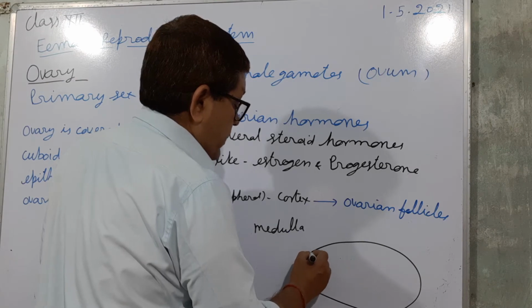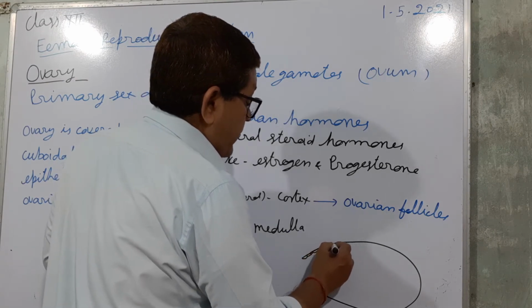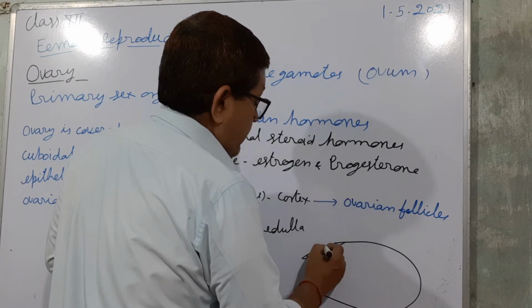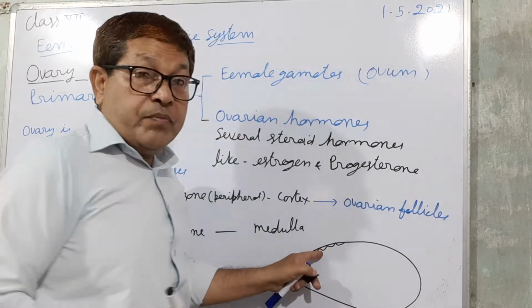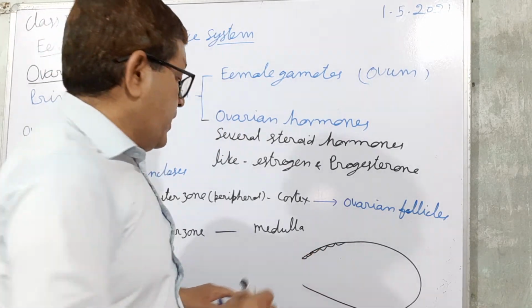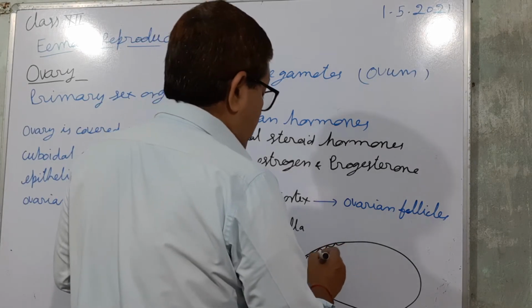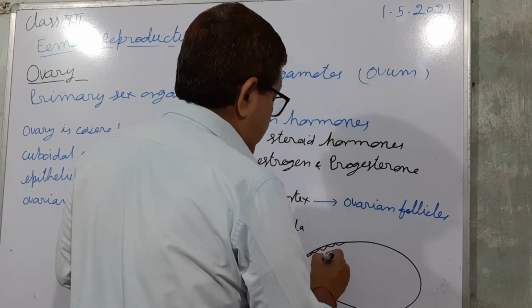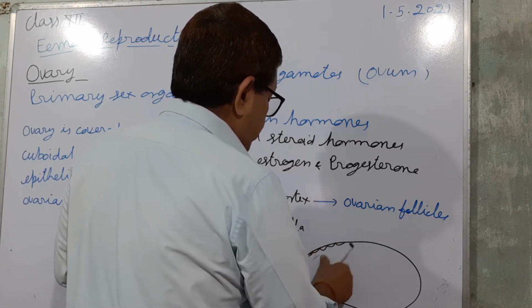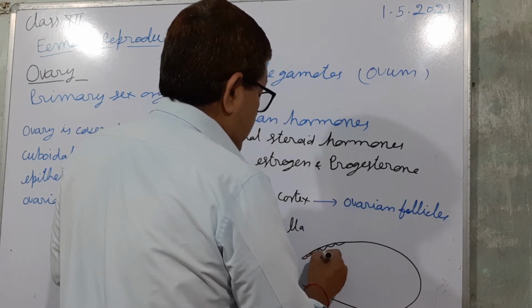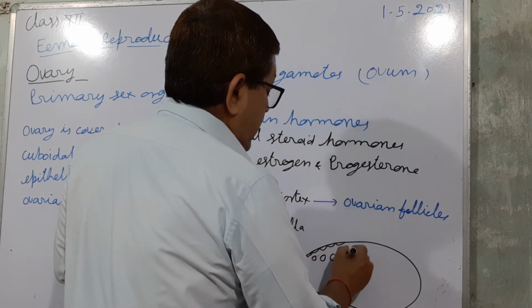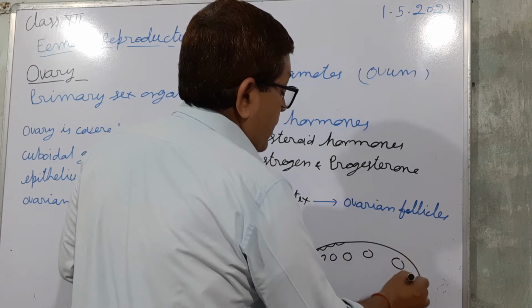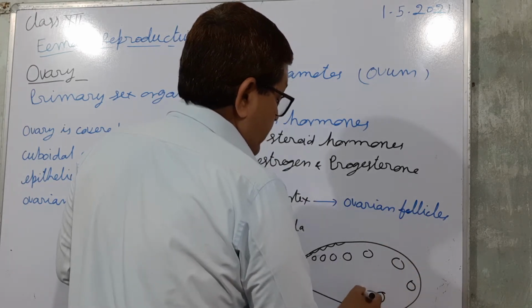So this is the outermost covering. This layer is called the germinal epithelium, and in this outer region, follicles in different stages of development are present. These are the ovarian follicles.